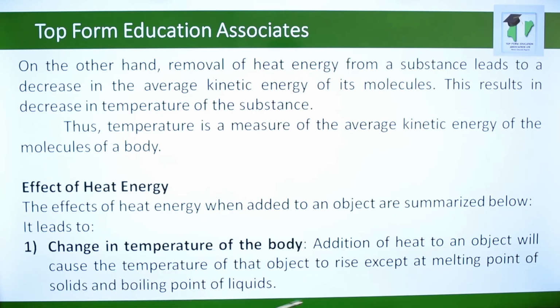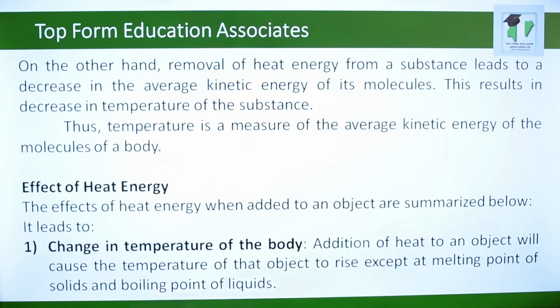At the melting point of solids, the temperature does not change. You have a constant temperature until the whole ice melts. Now at the boiling point of a liquid, no matter the amount of heat you add to that liquid, the temperature cannot increase. For instance, the boiling point of water is 100 degrees Celsius.